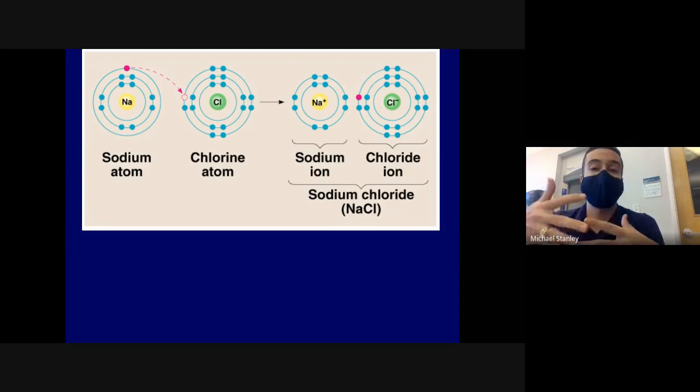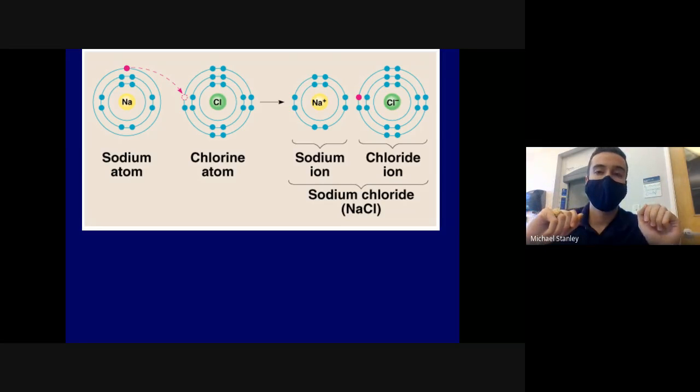So remember, we talked about how neutral atoms have equal protons and electrons, right? The atomic number is the proton number and also the electron number. So before, sodium had 11 protons and 11 electrons, and chlorine had 17 protons and 17 electrons. Well, sodium lost an electron to chlorine.